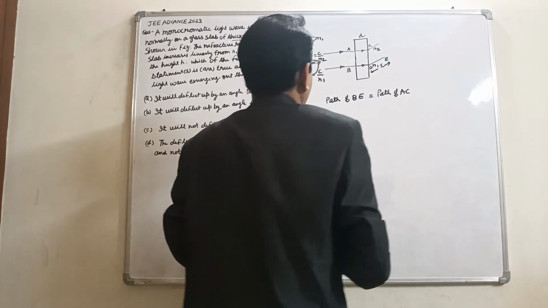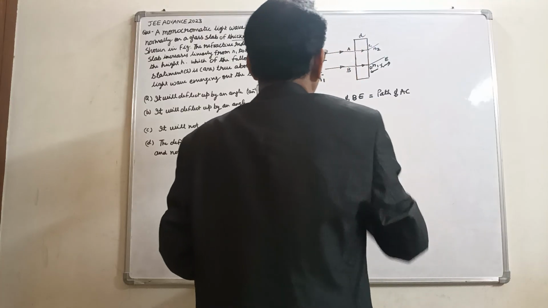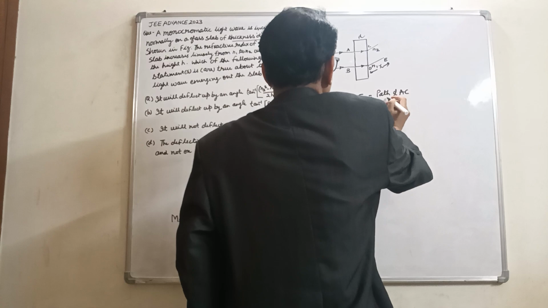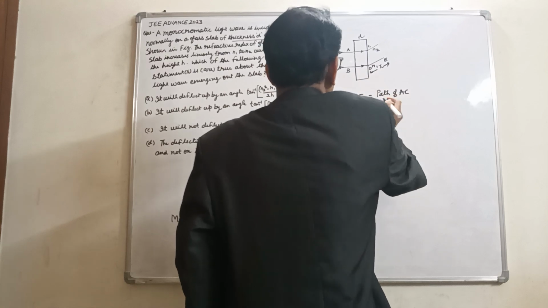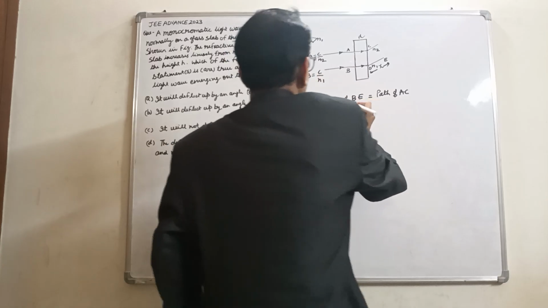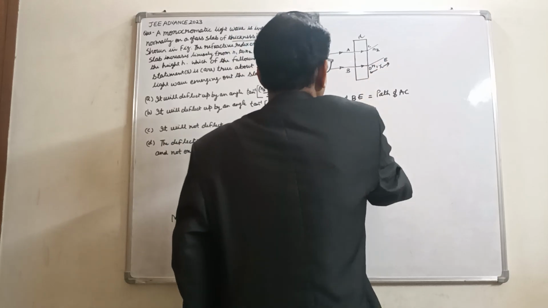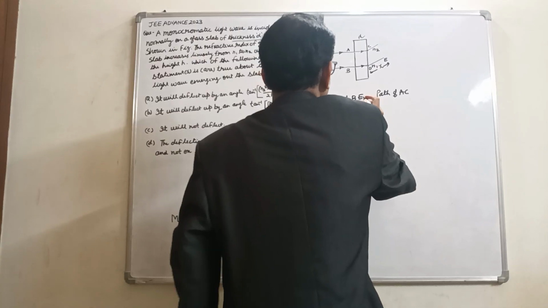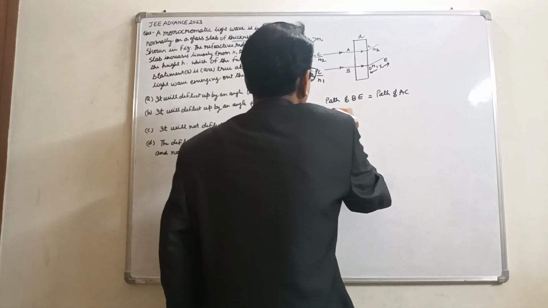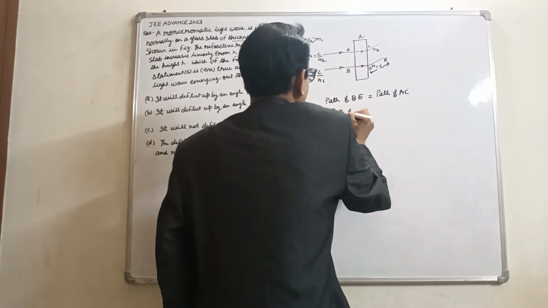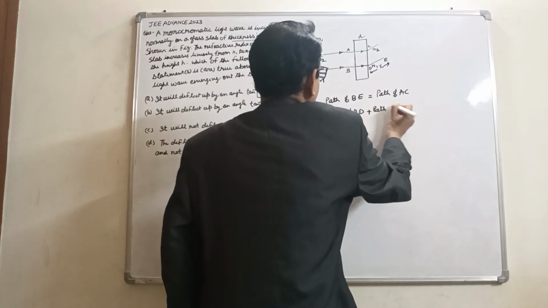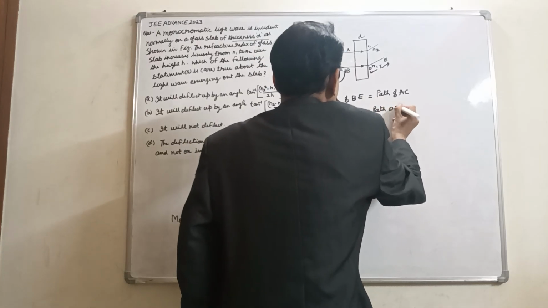So we write the path difference of BE: path of BD plus path DE.